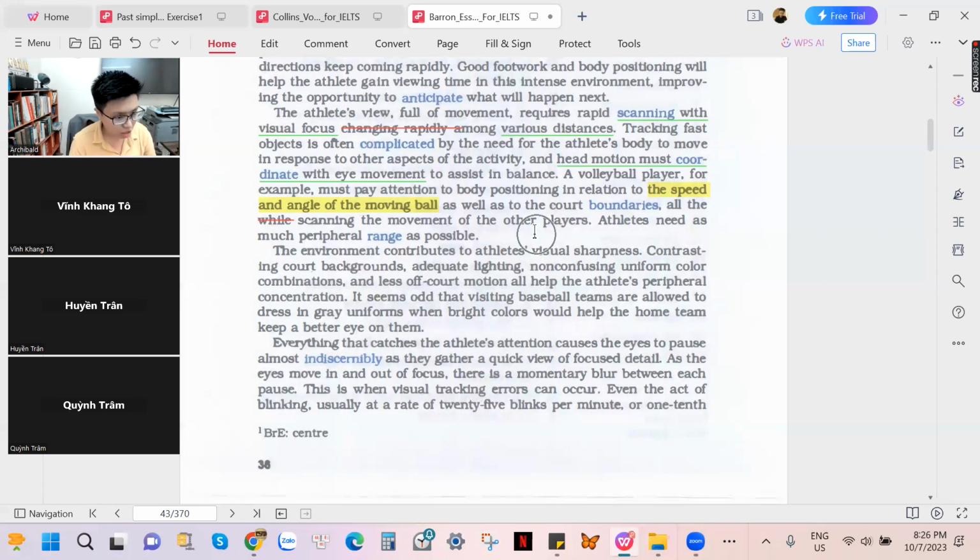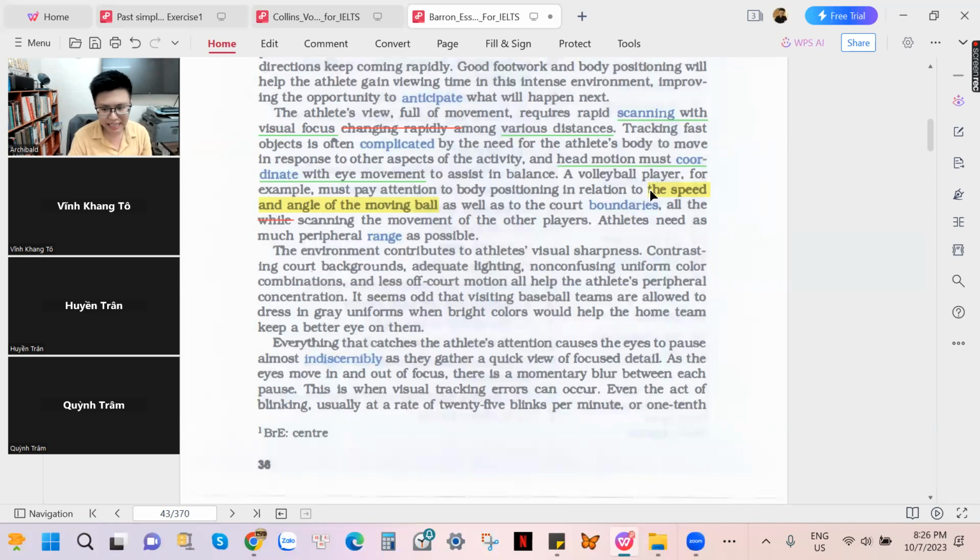The angle of the ball means the ball is on the left, or on the right, or at the triangle angle of the yard. The player plays the ball on the yard, or we call it a court, C-O-U-R-T, or a yard, Y-A-R-D. A yard and a court, same word.